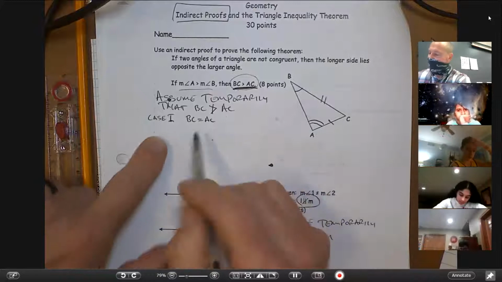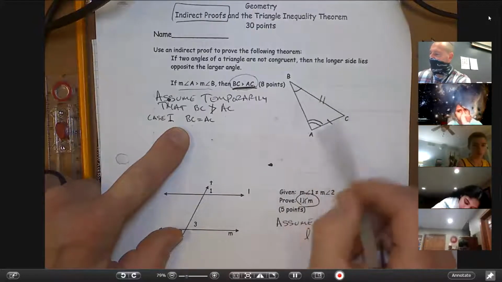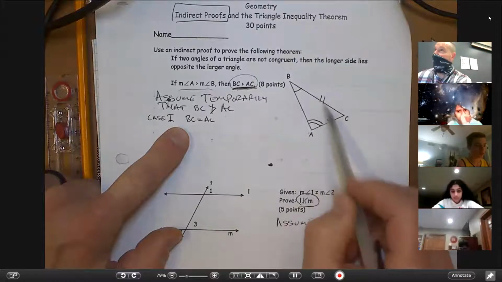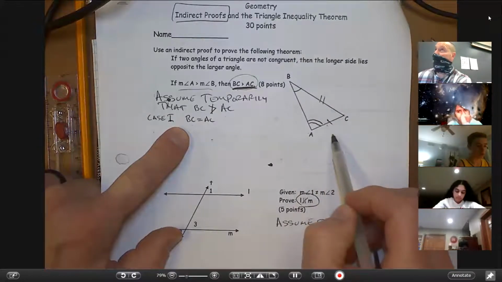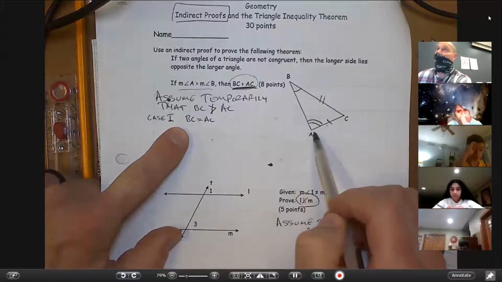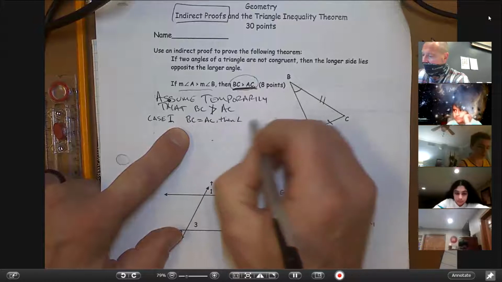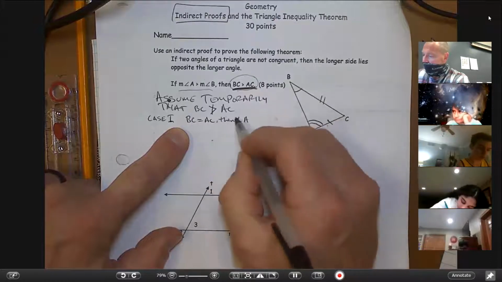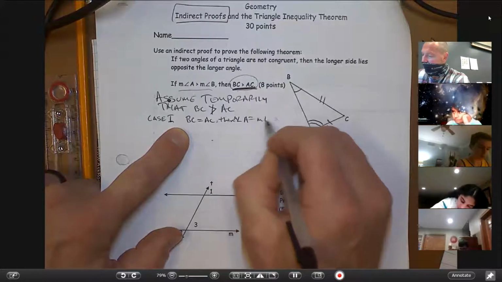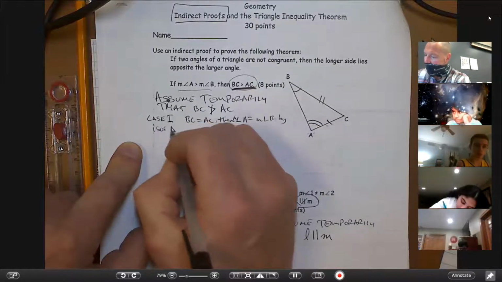So if BC equals AC, these sides that are marked with a 2 and a 1 are equal, then angle B and angle A would have to be congruent by the isosceles triangle theorem, right? You guys with me? Then the measure of angle A equals the measure of angle B by the isosceles triangle theorem.